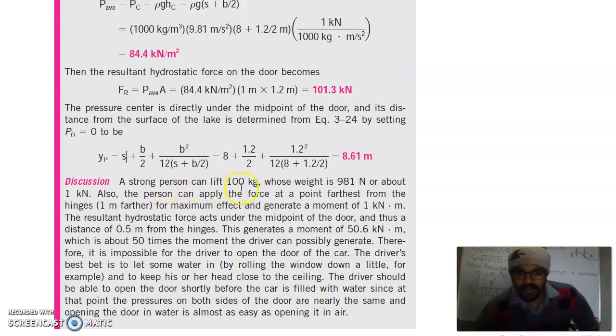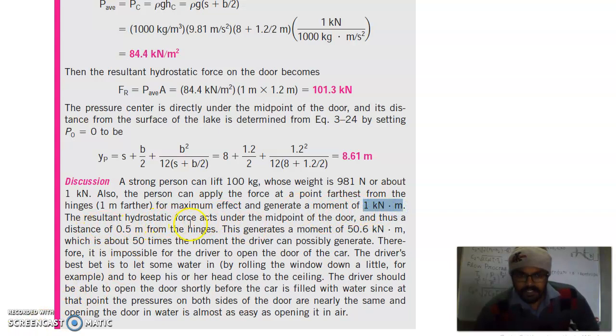A strong person can lift a 100 kg weight, whose weight is 981 Newton, or about 1 kilonewton. Also the person can apply the force at the point farthest from the door hinge, that is 1 meter, for maximum effect, and generate a moment of 1 kilonewton meter, that is 1 meter multiplied by 100 kg weight, at the door.